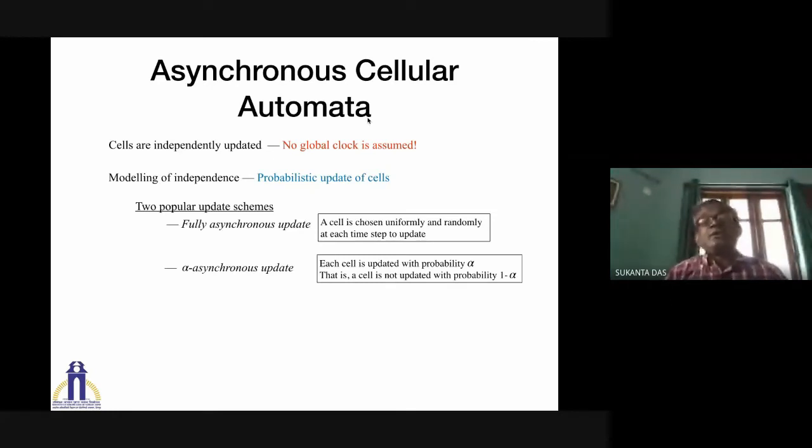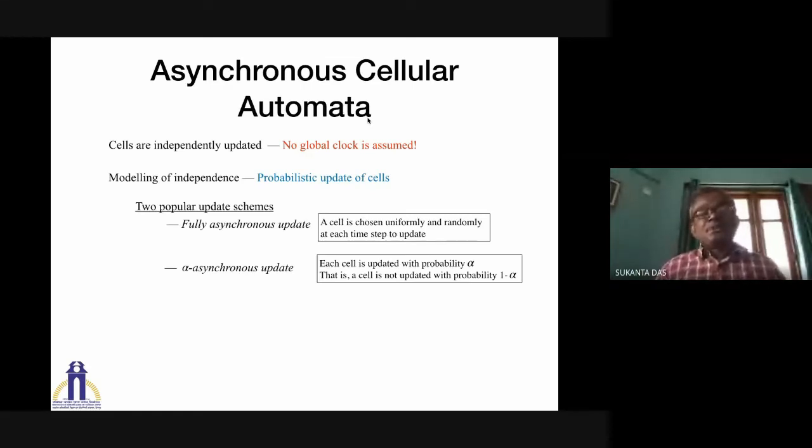Now, if alpha is equal to 1, then the CA becomes synchronous, because all the cells are updated. Each cell is updated with probability 1.